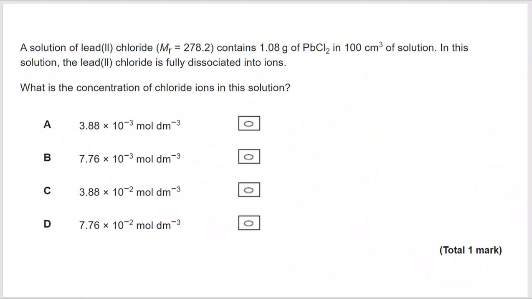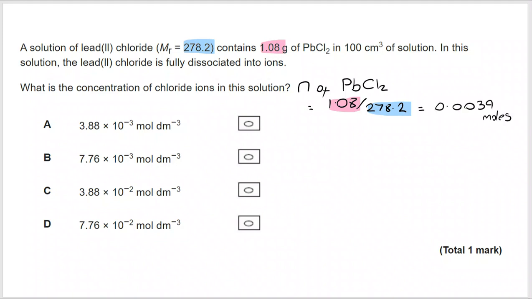And on here we've got lead chloride. We're given the MR. We have a mass and a volume of the lead chloride. And we want to know the concentration of chloride ions in this solution. Again, a big question for 1 mark, but that's often the case in the mathematical multiple choice questions. I've got a mass and I have an MR. So let's work out the number of moles of lead chloride. 1.08 over 278.2 gives us 0.0039 moles.